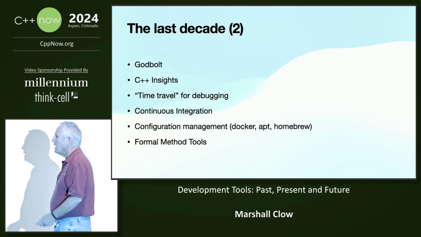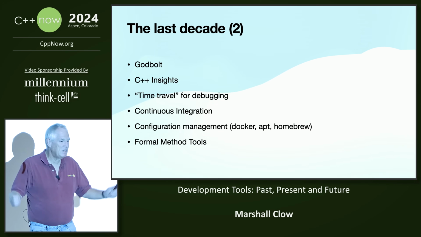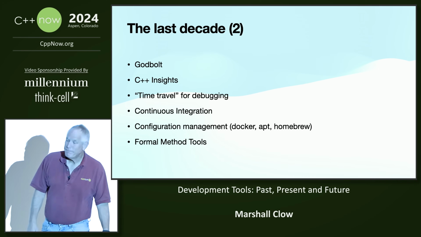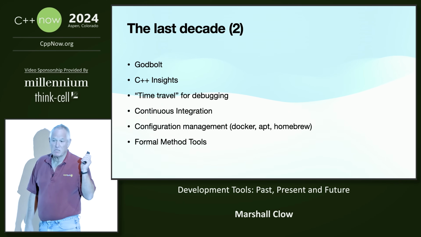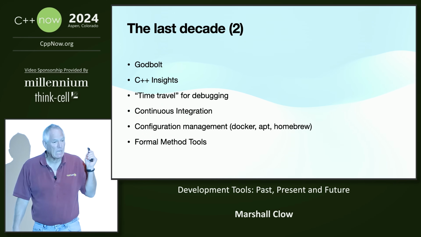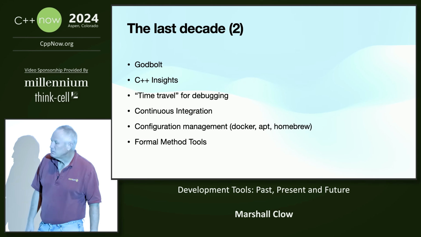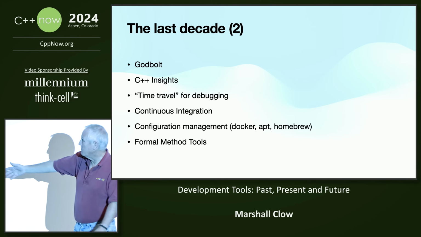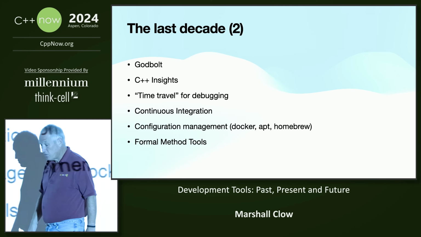Anyway, continuous integration has come up big in the last decade. Test your code before you even check it in. Configuration management, basically setting up virtual machines and specialized environments for testing.